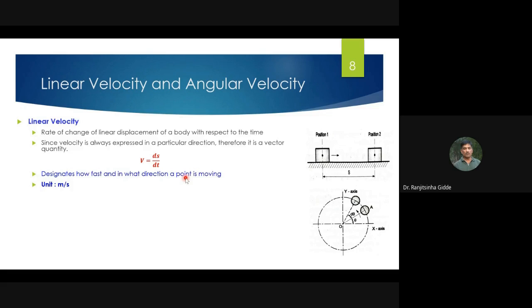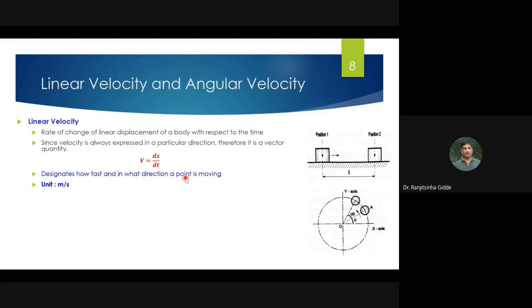So already we have seen types of gears based on the peripheral velocity. There we have seen low velocity, medium velocity and high velocity.